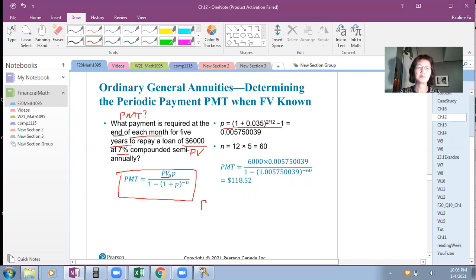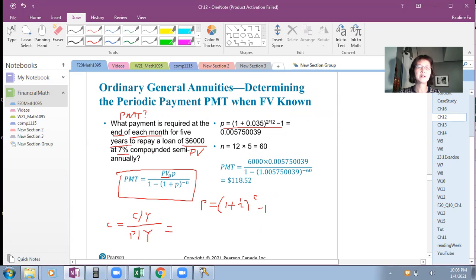Equivalent rate per payment period equal to 1 plus I raised to power C minus 1. And C equal to interest conversion period per year CY over payment per year PY. So what is CY?